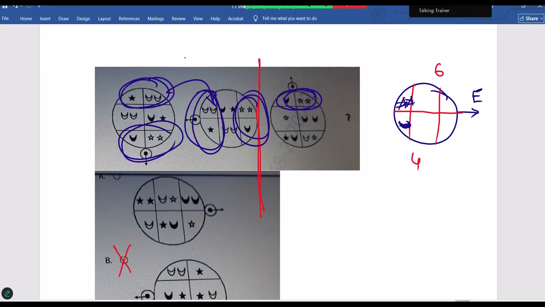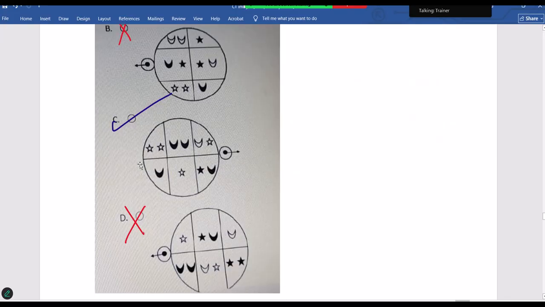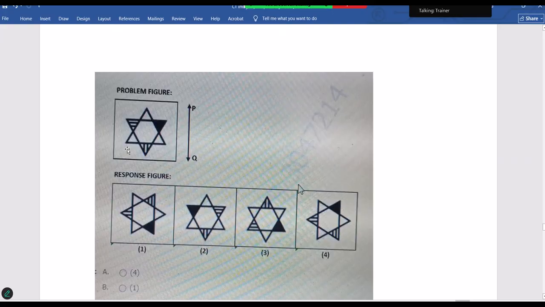This is shaded, this is unshaded. Here star unshaded, moon shaded. Moon must be in the shaded part. So option C, right? With analogy or series questions, we need to analyze properly.